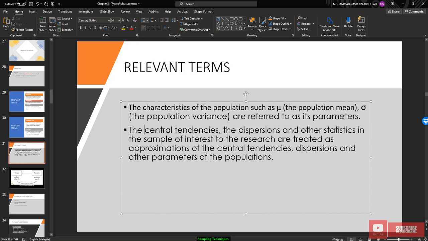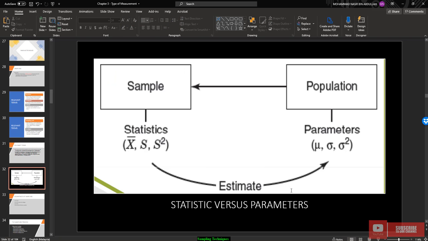When you do sampling, the central tendencies, the dispersion, and other statistics in a sample of interest to the research are treated as approximations to the central tendencies, dispersion, and other parameters of the population. Right. So these are sample statistics. Parameters we measure from the population. Statistics we measure from a sample.